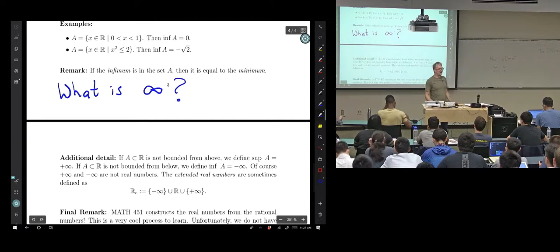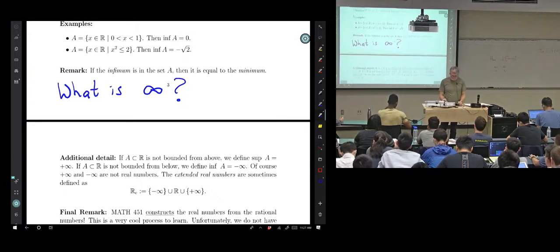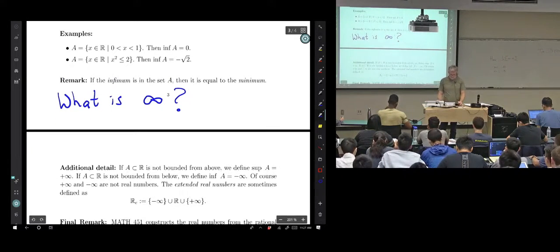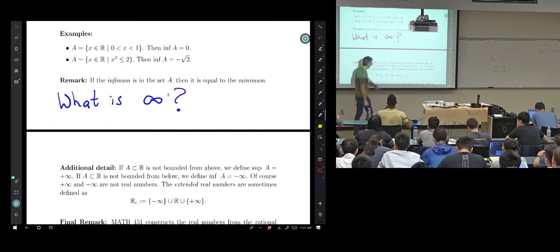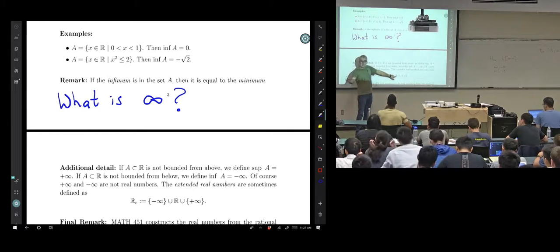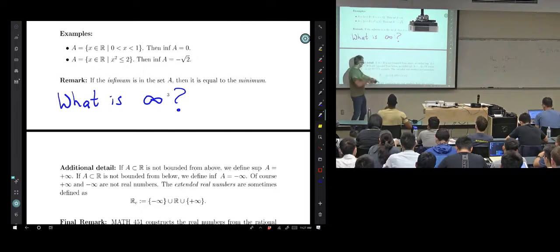How's that for a question? What is infinity? It's simply a symbol. The real numbers themselves are not a bounded set, but it's still nice to be able to talk about their sup and their inf, the infimum.